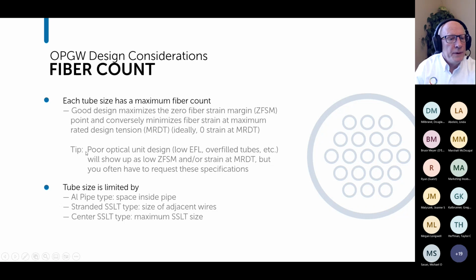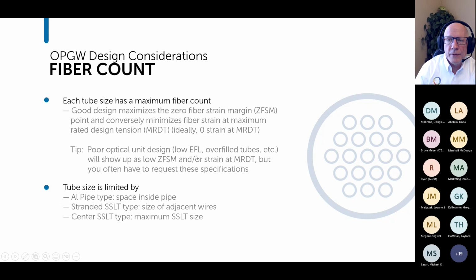I'm going to give you an important tip here that just occurred to me when I got to this slide. A poor design of a cable, specifically a poor optical unit design, will show up as low EFL, or overfilled tubes.